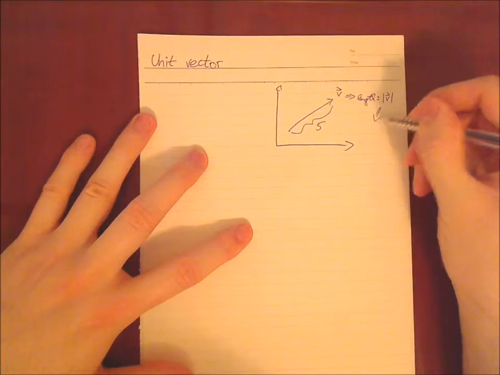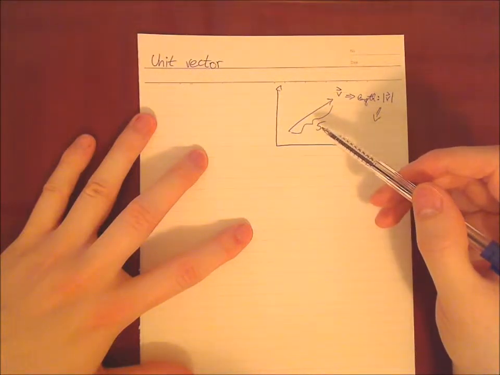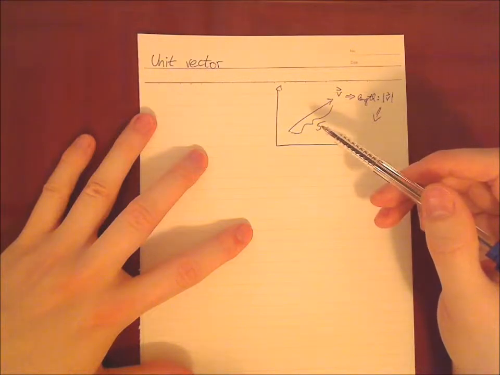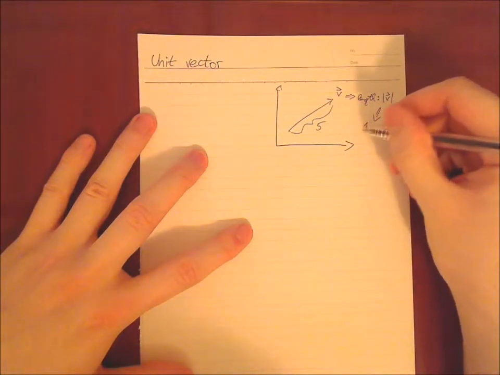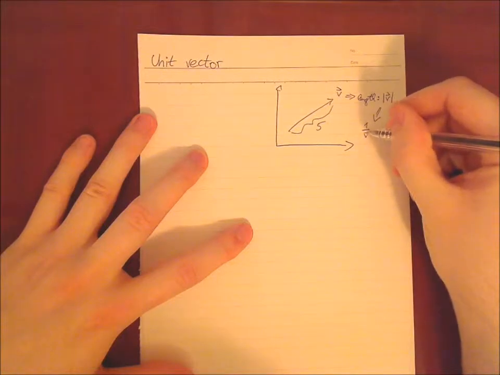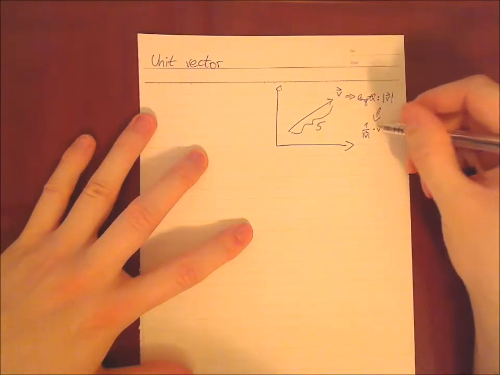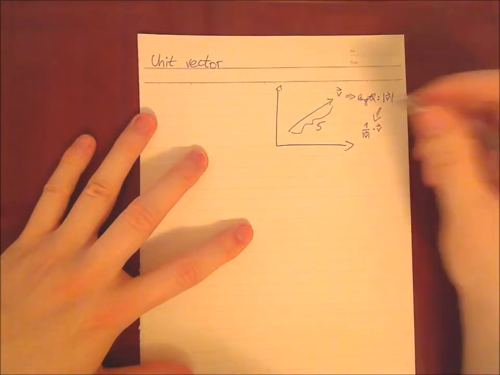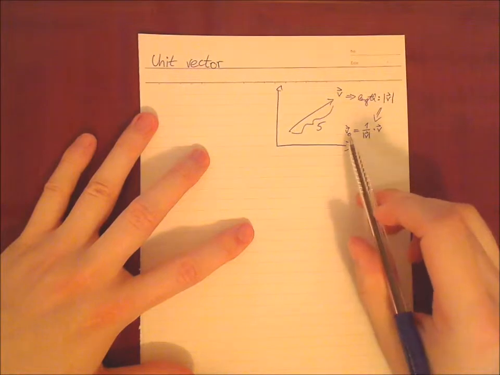So the unit vector, if we know the length is 5 and we want to have a vector with the length 1, then how to do that? So we just say we divide the vector by its actual length, and therefore we receive the unit vector. We say in this case v0.